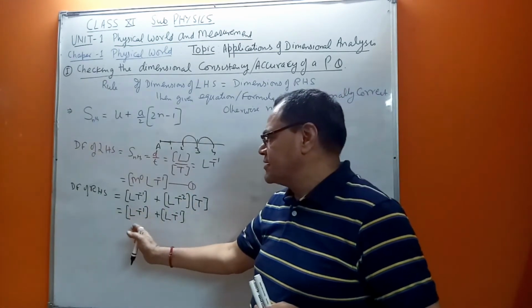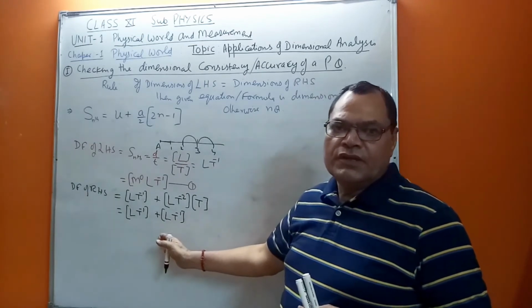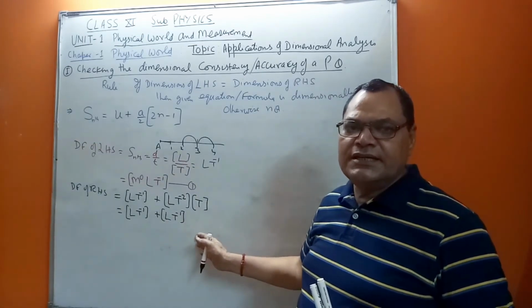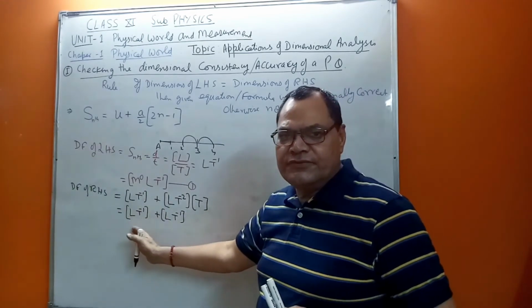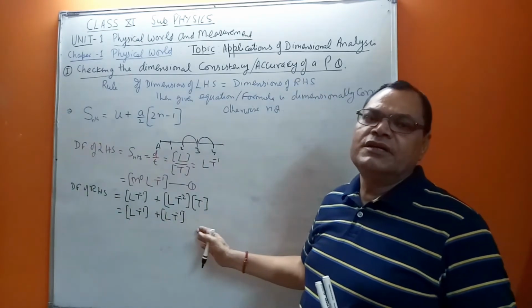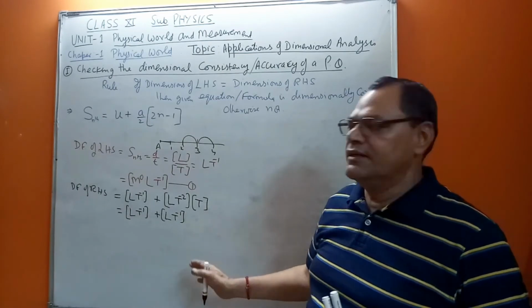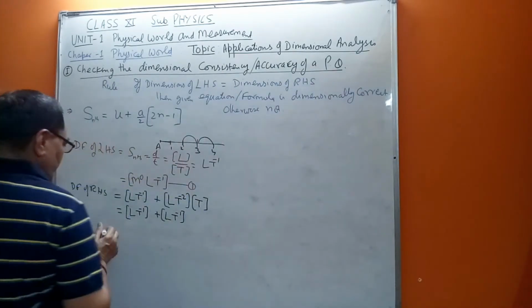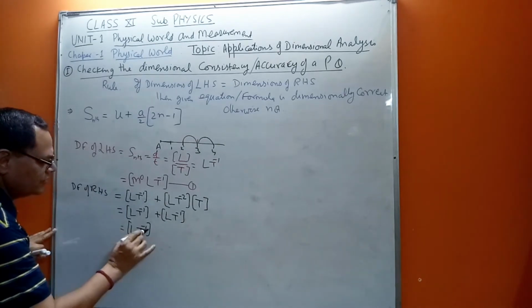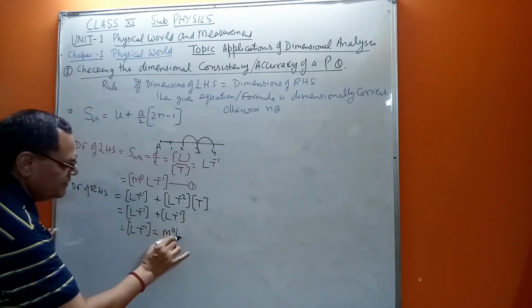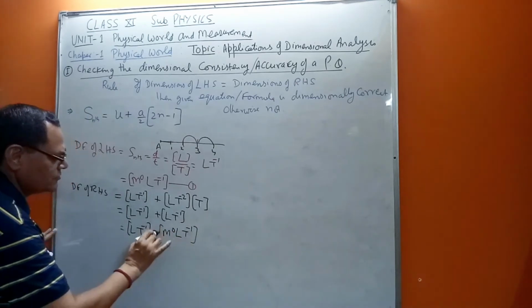As I told you, the sum of two lengths always gives a resultant length. Similarly, it is indirectly the velocity, right? So velocity plus velocity will give some velocity. So the final result is LT minus 1, or in ideal form M0 LT minus 1.